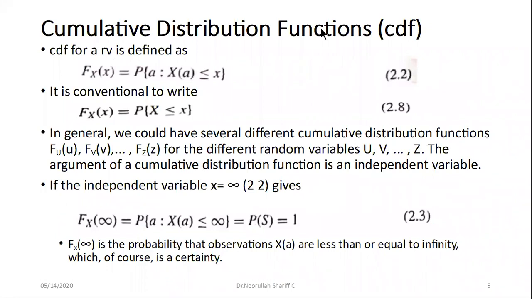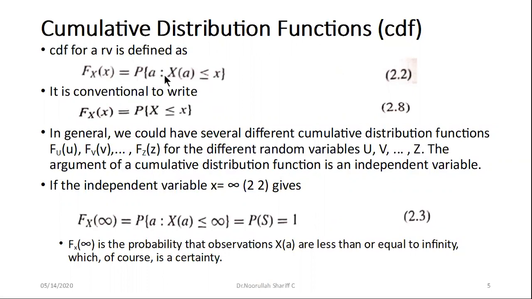Then we come to a very important term, which is the cumulative distribution function, known as CDF. The CDF for a random variable is defined as Fx(x) is equal to P(A : X(A) less than or equal to x).